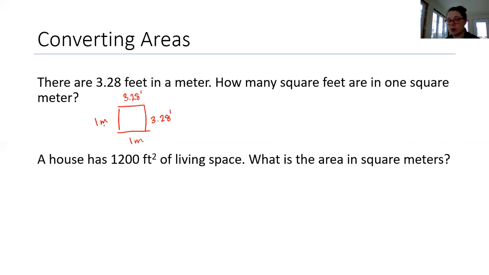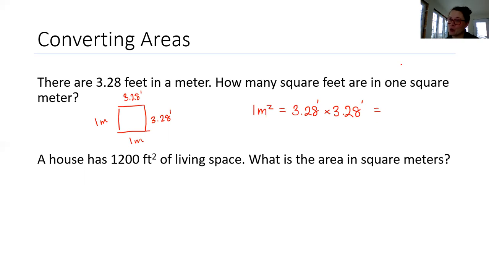So 1 square meter is 1 meter by 1 meter, which is equal to 3.28 times 3.28. That's our feet. We'll put our units in there. Equals, let's just solve it.